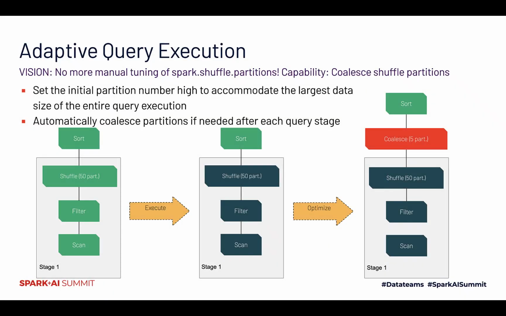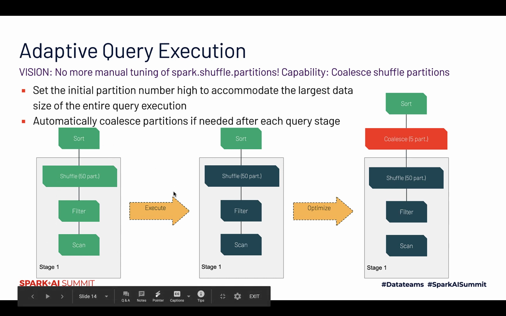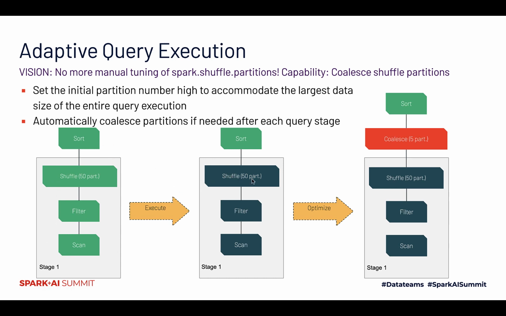With adaptive query execution, we can resolve this problem and eliminate the need to manually tune Spark SQL shuffle partitions. How do we do that? Well, here you'll notice that we start out with a very simple query, and as we run the query, in this case we ended up with a shuffle that produced 50 partitions, or 200 in the case of our default. But Spark may realize that these 200 file parts are in fact very small.